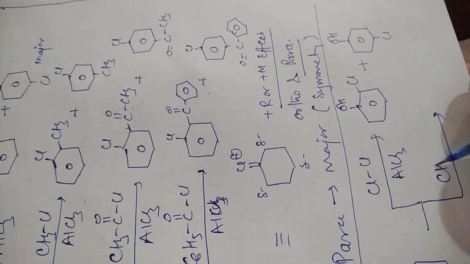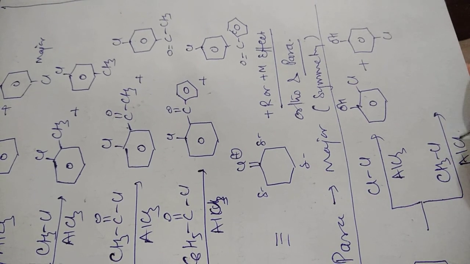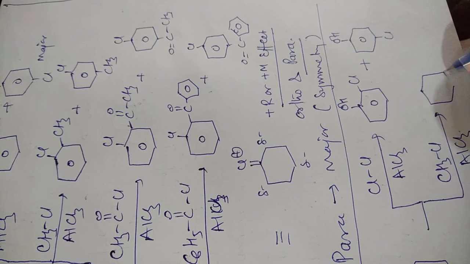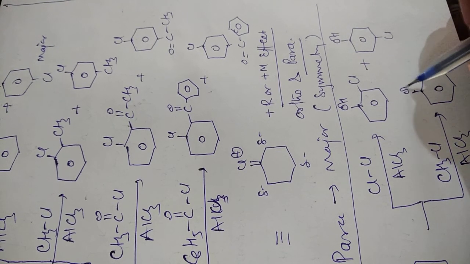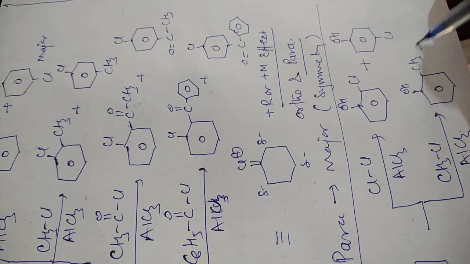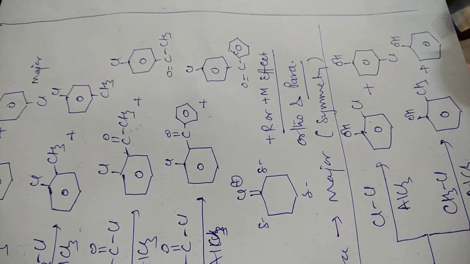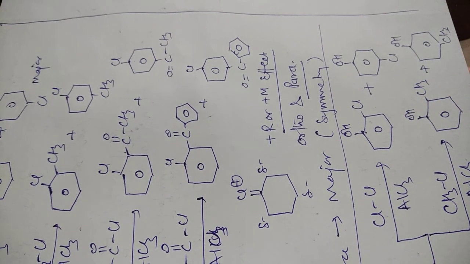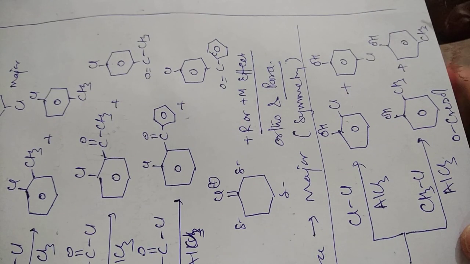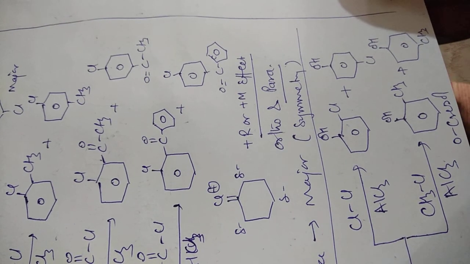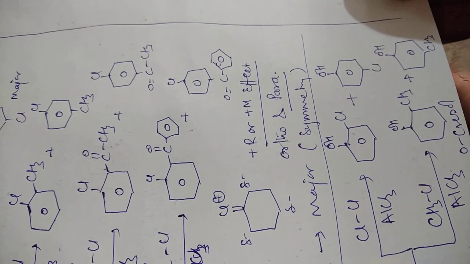With CH3Cl and anhydrous AlCl3, the CH3 group will go to ortho and para. Here I want to add, this is cresol. When the benzene ring has OH and CH3 both groups together, that is ortho and para, that is cresol.